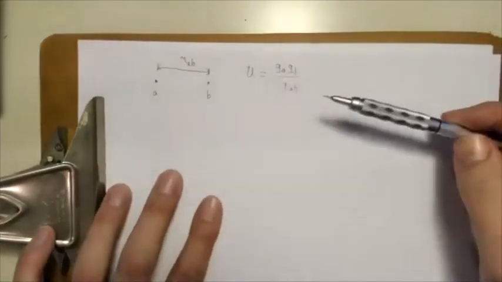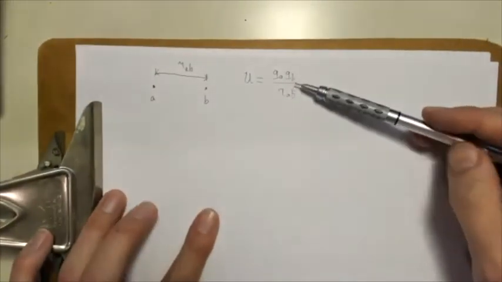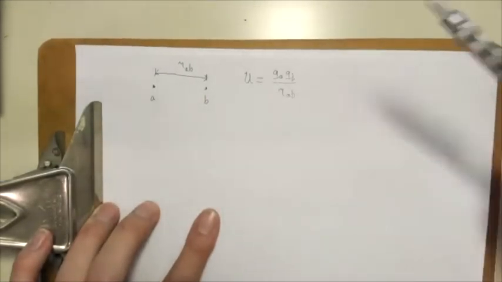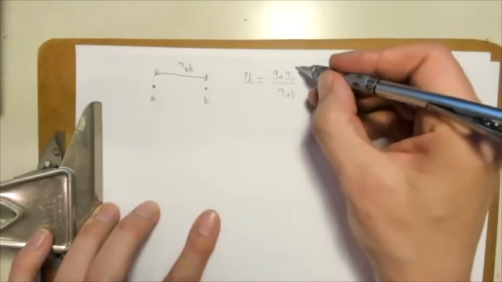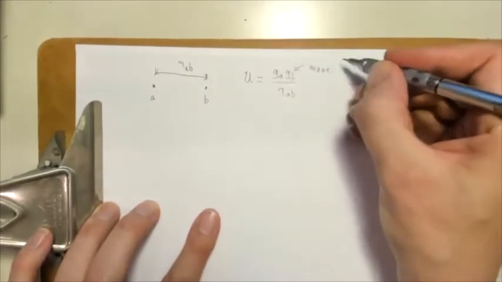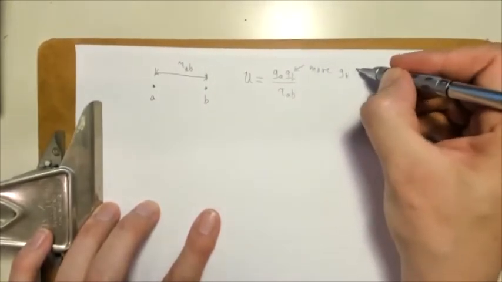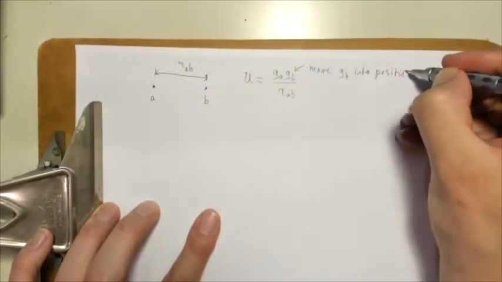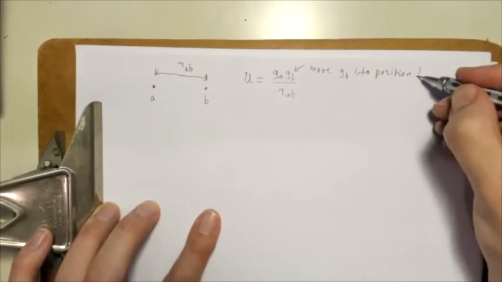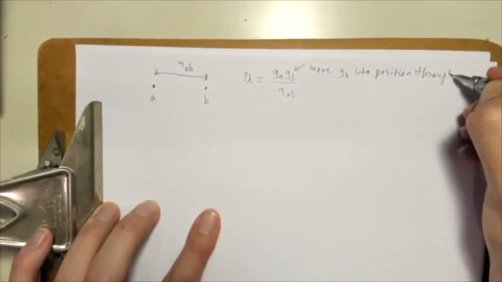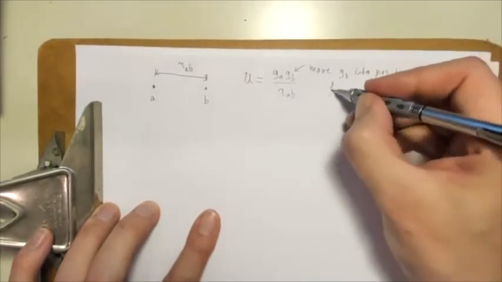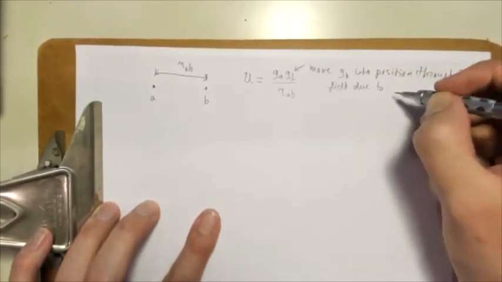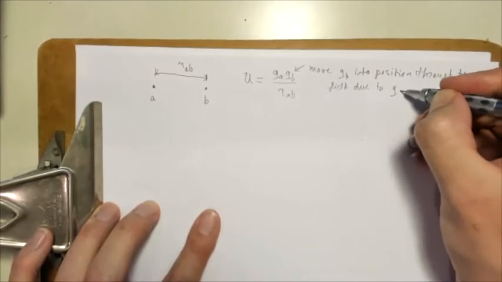And of course, the way we got here is by taking the work integral through an electric field due to one charge. So for instance, you could move Q_B into position through the field due to Q_A.